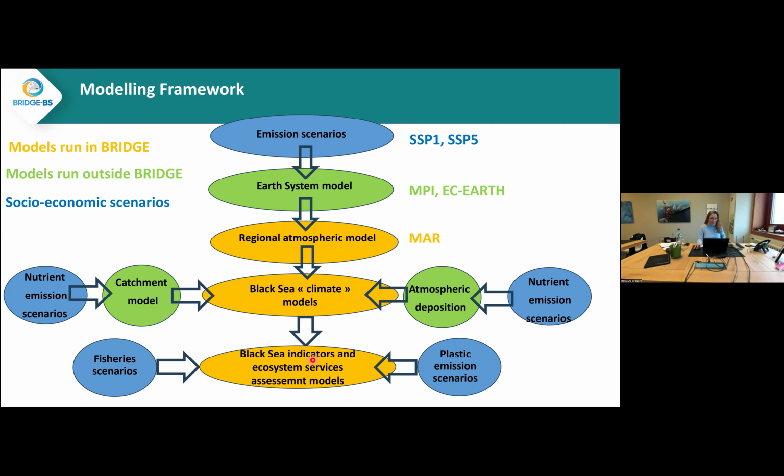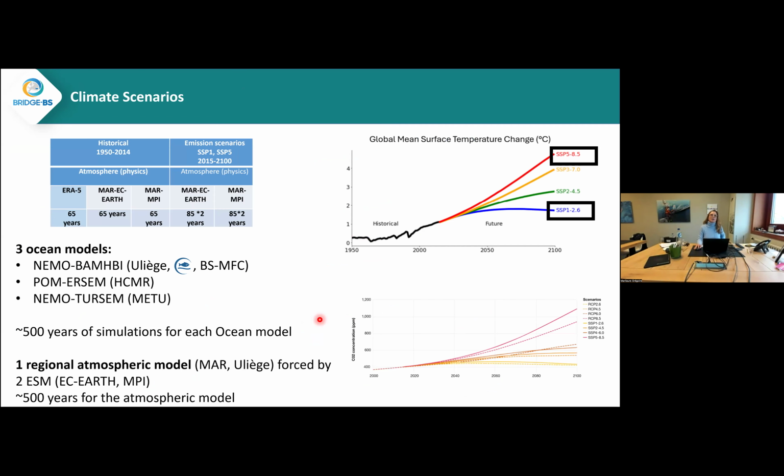Now I'm just speaking about the simulations very rapidly. Here you see the simulations that we ran in Work Package 2. We make historical reconstructions under different atmospheric forcing, one forced by MPI and one forced by EC-Earth, which are Earth system models.